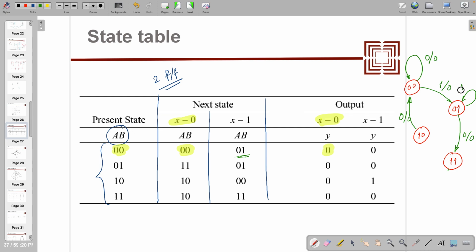So it's 1 and 0, right? 1 1, okay, that's the last one, but 1 0 has 0, so this is the 1 0 with 1 input and 1 as output, so this is going here. 1 1 with 0 input, it's going 1 0 and 0 output, and 1 1 to 1 1, 1 1 and 0, right?